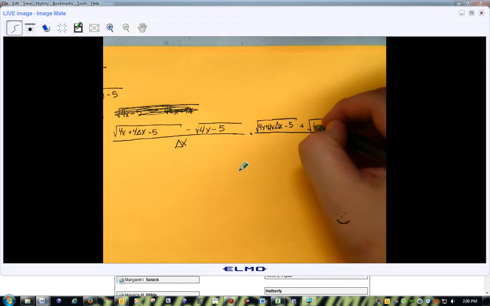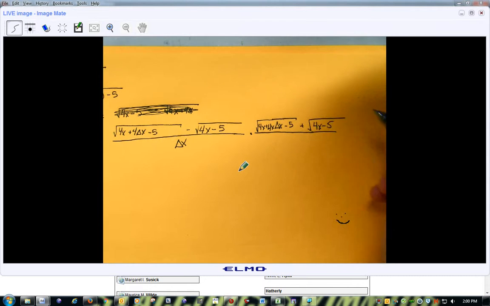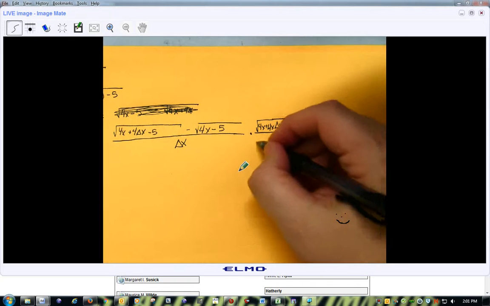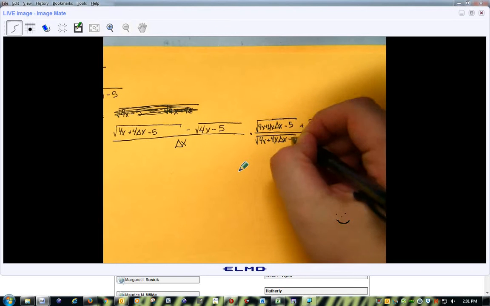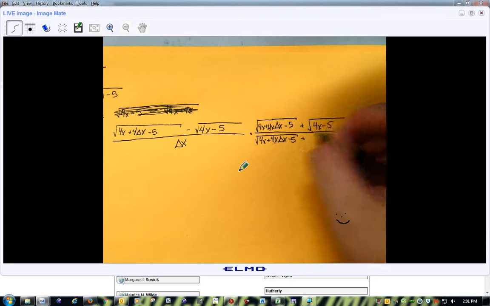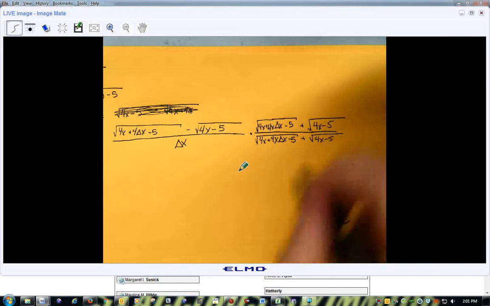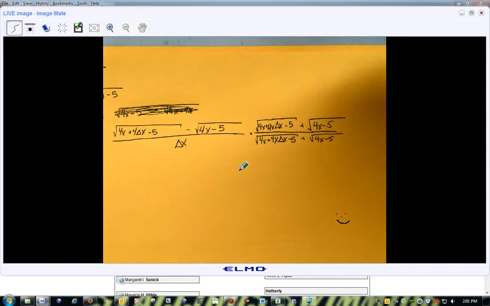I'm going to rationalize the numerator. Remember, when your numerator has a bunch of really crazy square roots in it, we rationalize it because then we get rid of most of them.